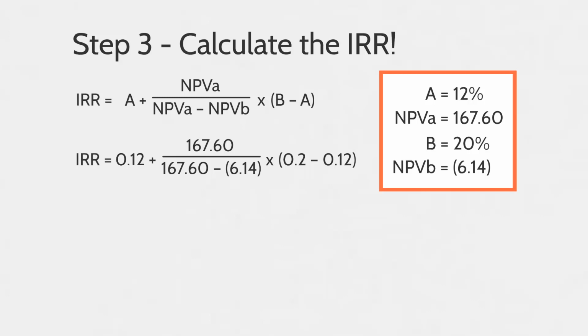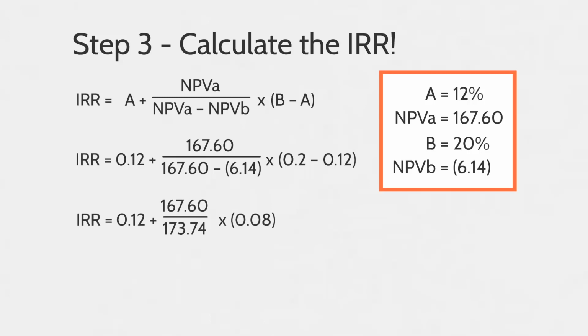So we've got our A rate of 0.12, got our NPVA of 167,600, and we have our NPVB, which of course was 20%, so that's 0.2, and that is minus £6,140. So to calculate the IRR, we work through the calculations.